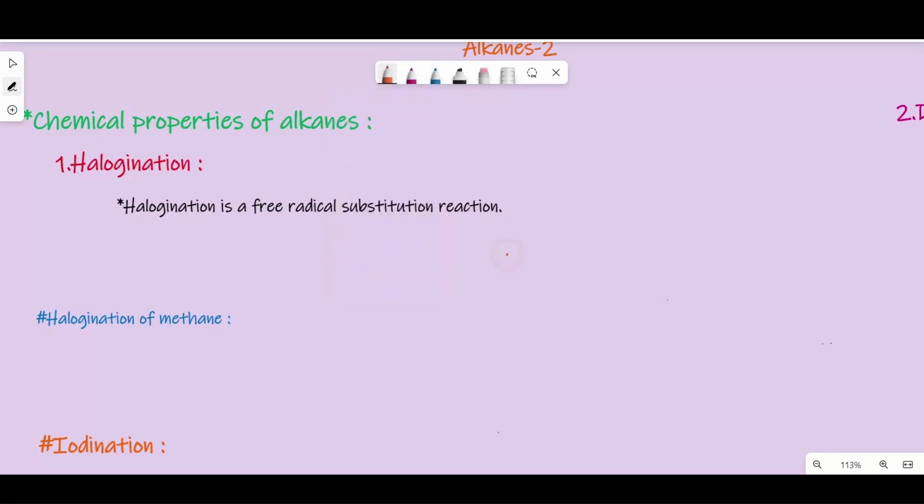Let's take one alkane, RH, with any halogen X2, in the presence of light, h nu. We will get RX plus HX.